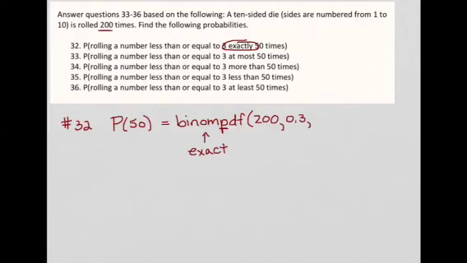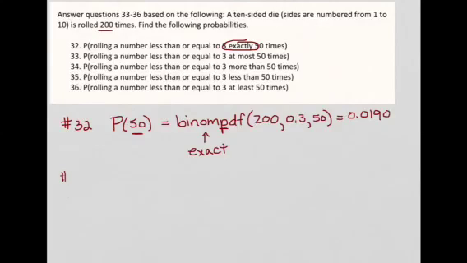And then finally, the number of successes. So whatever number is here, that's what I put over here. And this equals, once we round it to 4 decimal places, 0.0190. And that's how you do number 32.